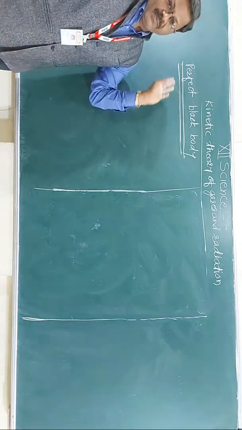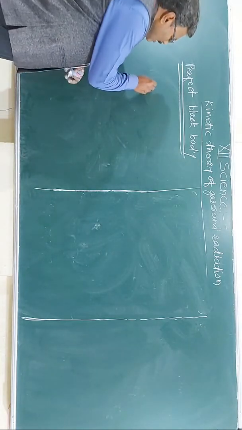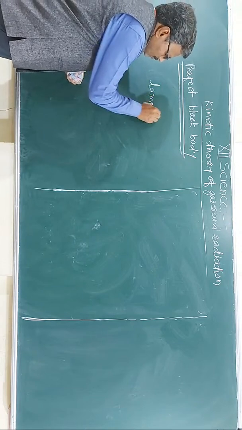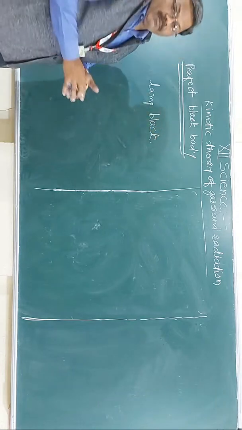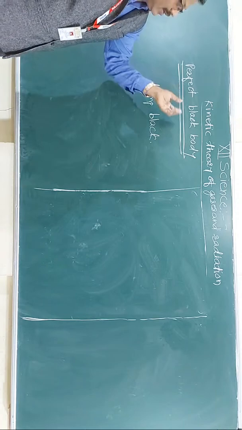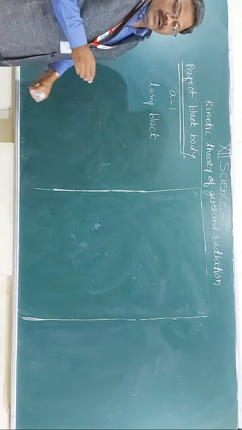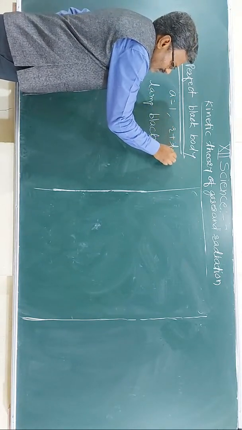But such a perfect black body does not exist in the universe. Therefore, lamp black bodies act as the perfect black body. In the case of a perfect black body, the coefficient of absorption is 1, while R plus TR is equal to 0.